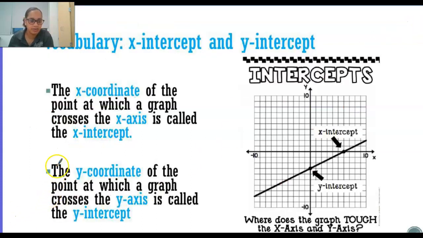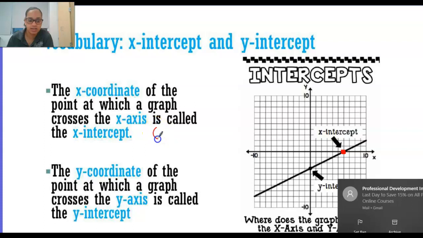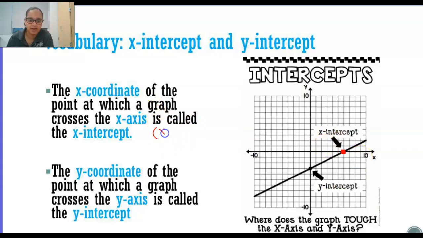So here's a little bit of vocabulary that we're going to talk about, the x and y intercepts. The x-intercept is where my graph crosses the x-axis. So it's written as a coordinate, whatever that x value is, comma 0.